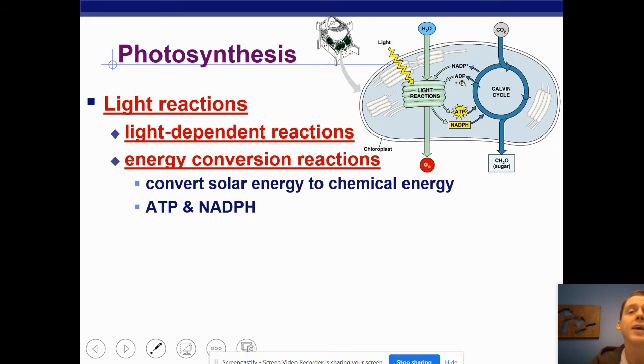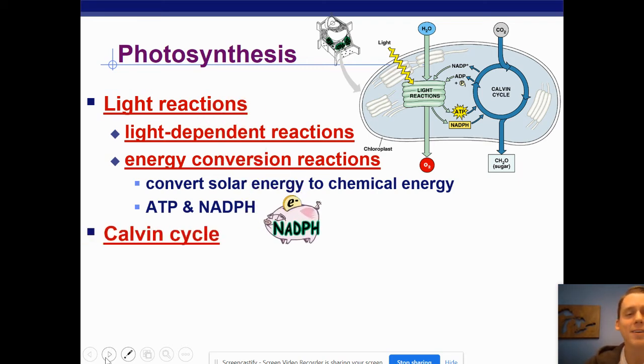So the light hits the thylakoids, and somehow, in a series of steps we'll learn about later, NADPH, an electron carrier, is created. ATP energy is created, and these two things are going to help run the Calvin cycle. Meanwhile, the light reactions need some water, and they produce oxygen. So NADPH is money in the bank.